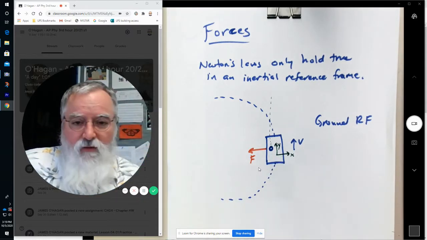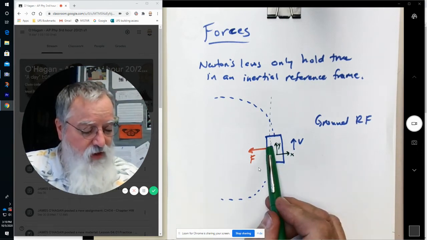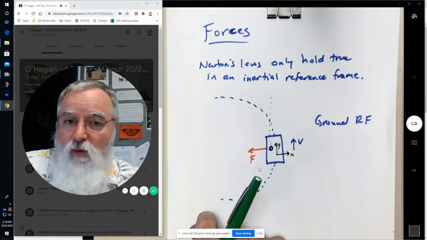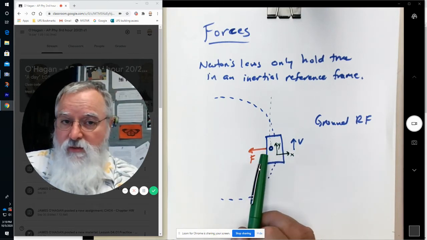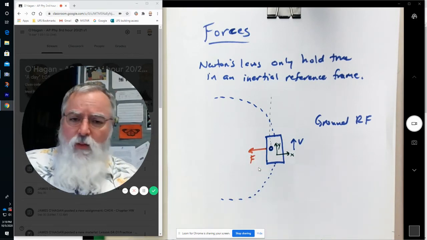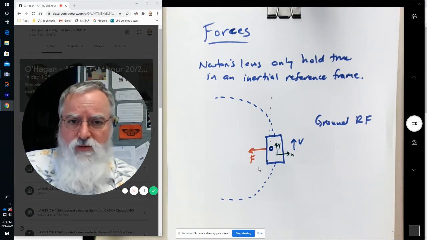Now, from the car's reference frame, the moment I drop that ball, the ball starts coming to the right with no force on it. This ball will change directions without there being a force on it. We are used to Newton's laws, how they work in inertial reference frames.